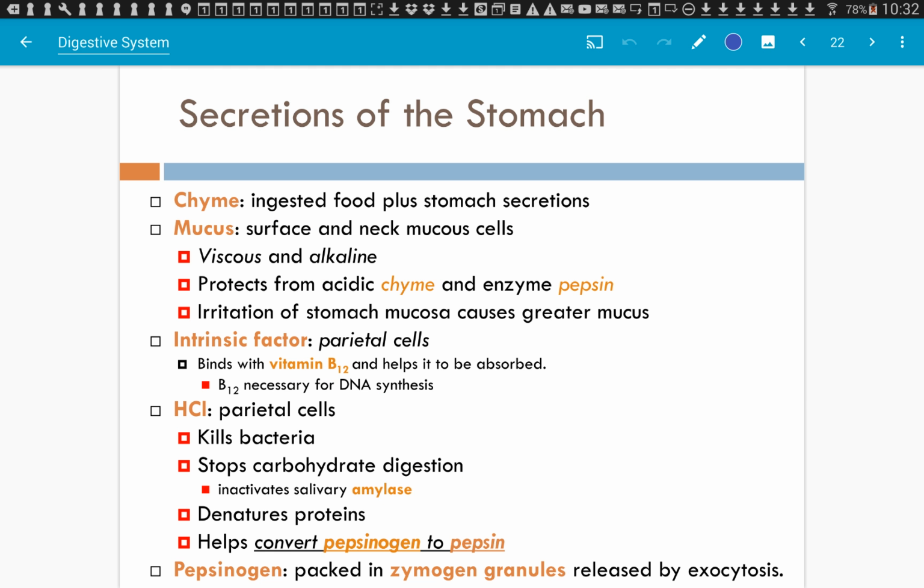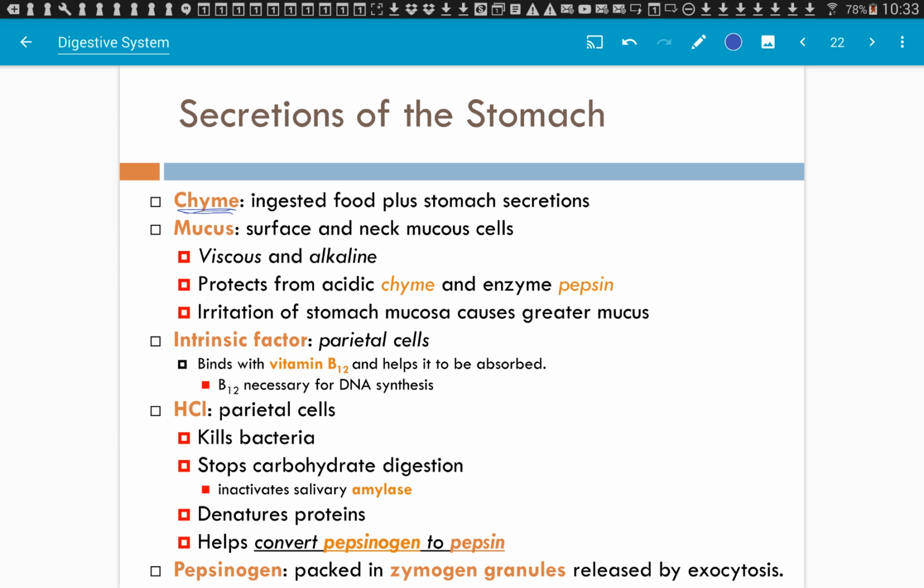So secretions, things that you are going to be secreting in your stomach, helping with the digestive process. So as we've used the term chyme before, this is the food that you've eaten, you've swallowed. It's in your stomach now, and it's mixed with your stomach secretions, and it's more liquidy, and it's being broken down. That's chyme, all right?